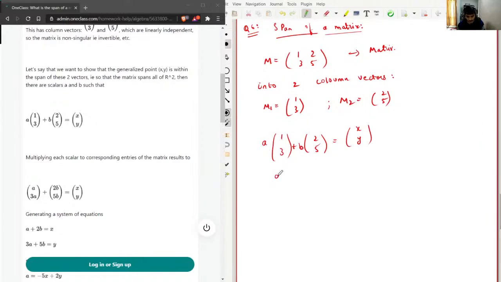So this will become a, 3a, and b times 2 5 becomes 2b, 5b, equal to x y. This is a set of linear equations, so we can separate them: a plus 2b equal to x, and 3a plus 5b equal to y.